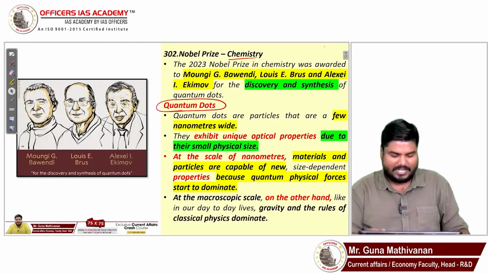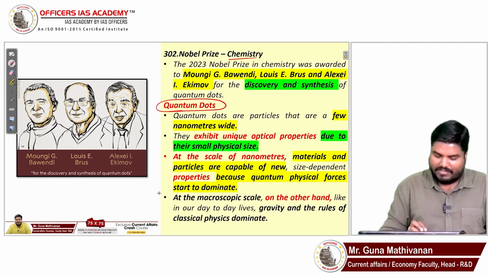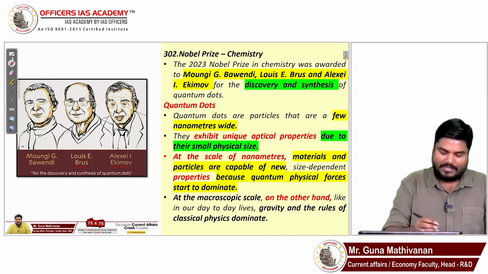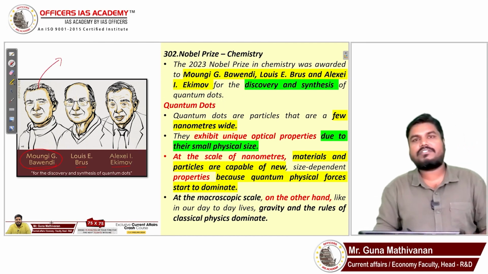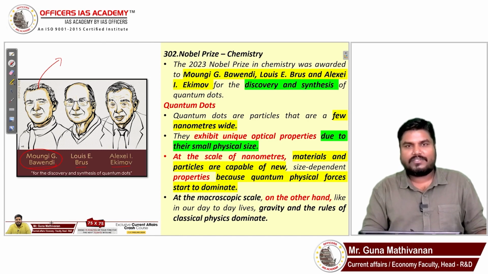So what happened is, if I am not wrong, it should be Ekimov or Bruce. I'll just share a small story. The story is of Mr. Bawendi. He was doing a chemistry PhD at Harvard and went to Bell Laboratory to do an internship.